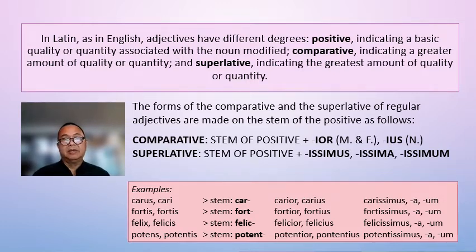We have the positive degree, which indicates the basic quality or quantity associated with a noun modifier. Then we have the comparative degree when we compare one with another. And thirdly, the superlative degree, which indicates the greatest amount of quality or quantity modified by the adjective.